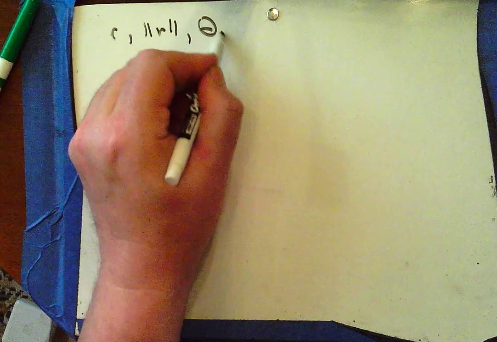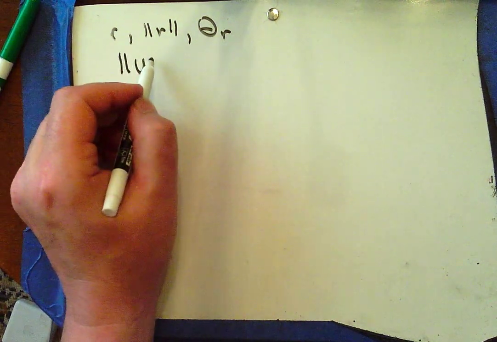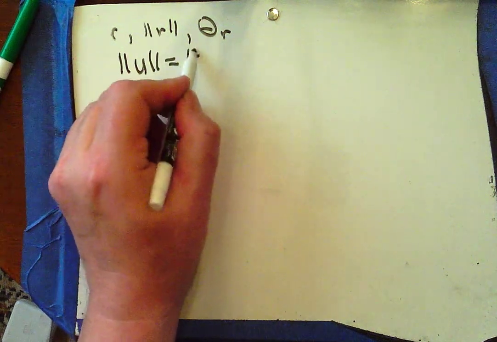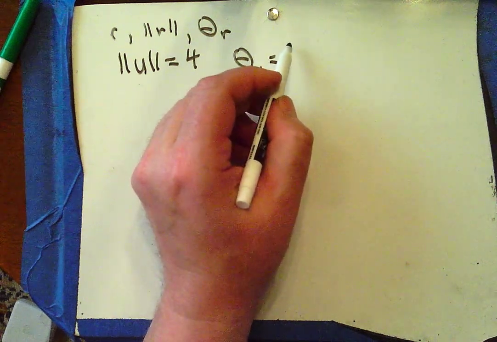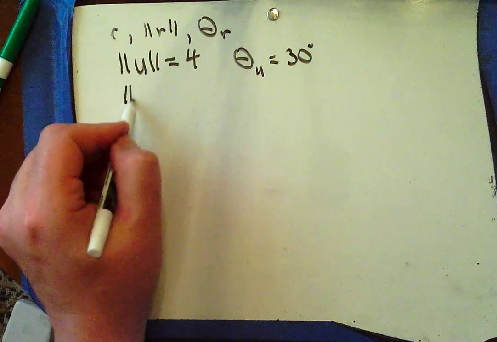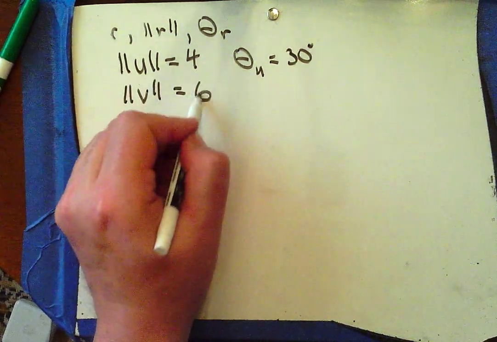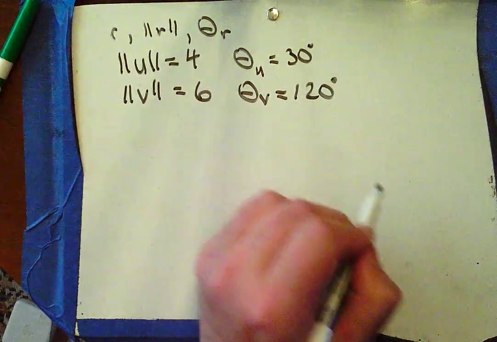Okay, so will you please try finding r, the component form of r, magnitude of r, and theta r, given the magnitude of u equals 4 and theta u equals 30 degrees, and the magnitude of v equals 6 and theta v equals 120.